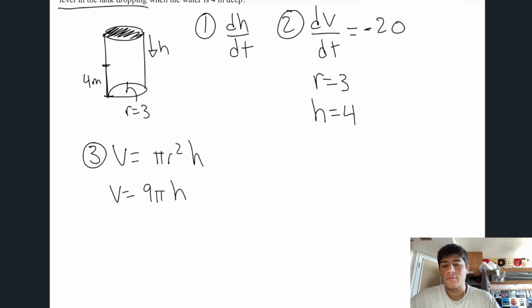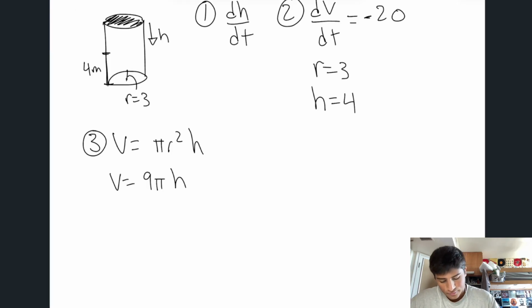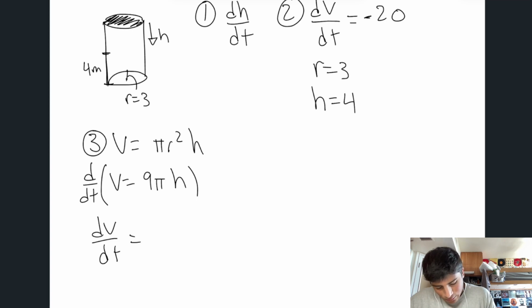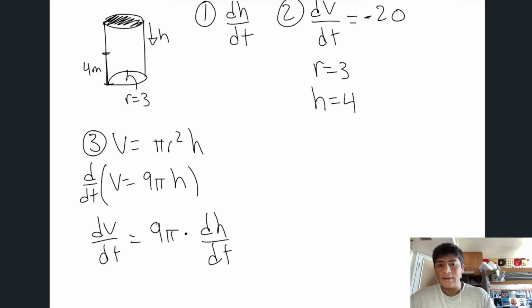Now we have everything in terms of V and H, and those are things that we know. Differentiate this with respect to time. dV over dt equals 9 pi times dH over dt.